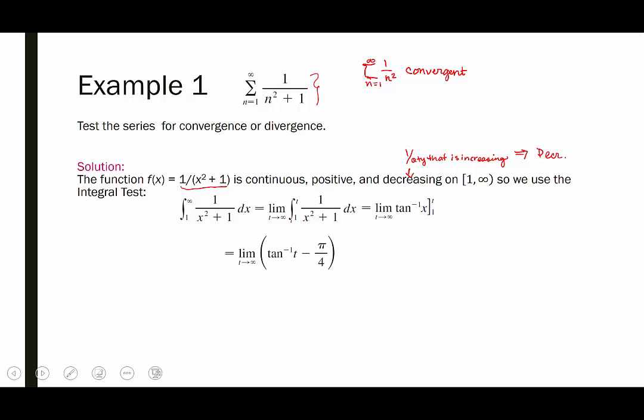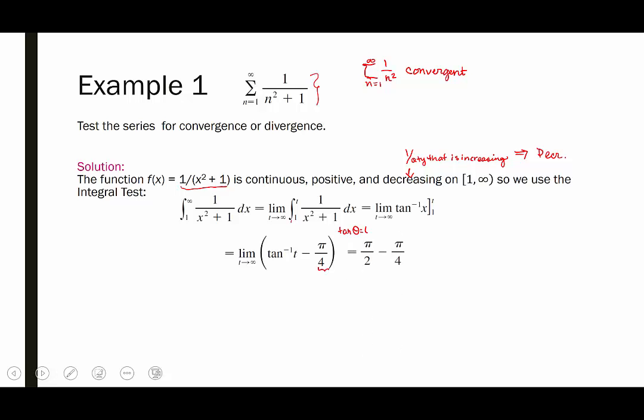And so that means we're taking the limit of the inverse tangent of t, and then here I got pi over 4. That's because I'm looking for the angle theta, where when you take its tangent, you get out 1. And the angle where the tangent is 1 is where the sine and cosine values are the same, and that happens at pi over 4.